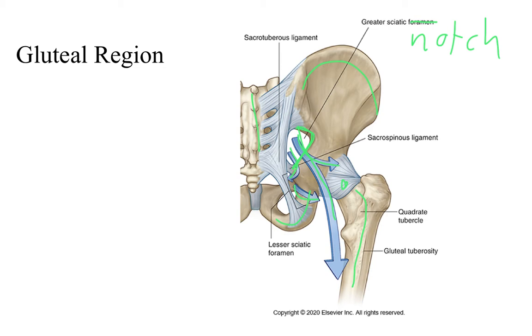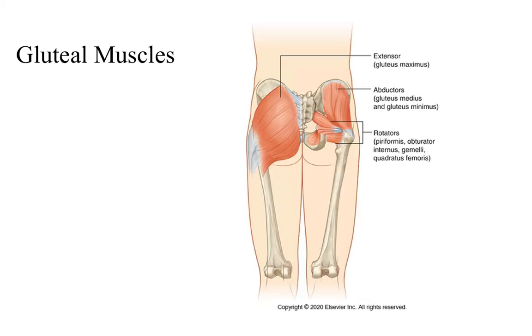But in the actual body, it's called the greater sciatic foramen because the rest of it is filled in by ligaments that go from the sacrum to the posterior portion of the ilium, as well as to the ischium down here. And so this becomes a hole through which things pass instead of a notch that we see in the actual skeleton. So the muscles in this region are divided into three categories.